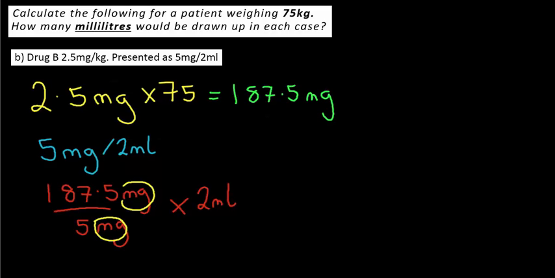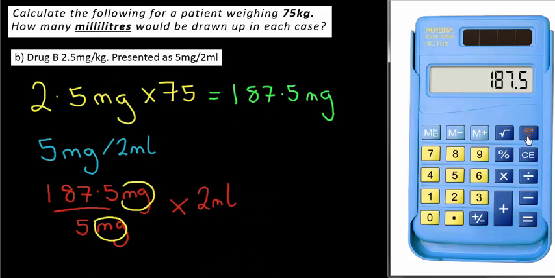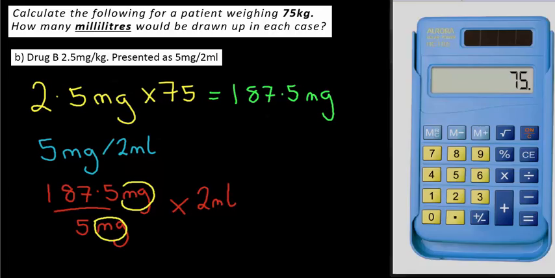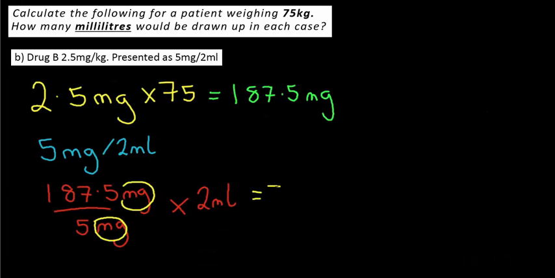So again, no need to convert. We can just get the calculator out, clear the decks. 187.5 divided by 5 times 2, and the answer is equal to 75 millilitres. And that's part B done.